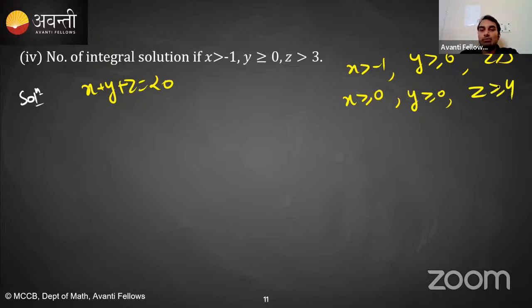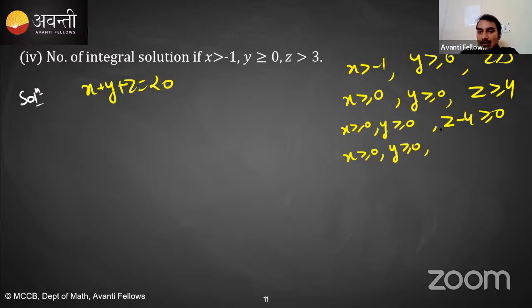Right? So it means x greater than equal to 0, y greater than equal to 0 and let's say z minus 4 greater than equal to 0. Let's call this capital Z. Z also greater than equal to 0.